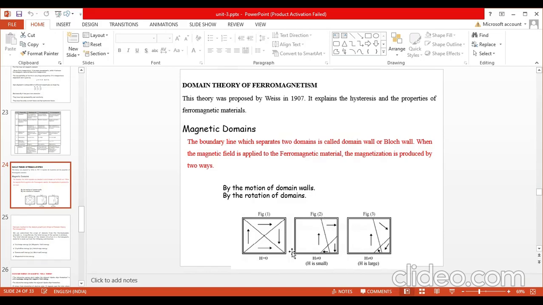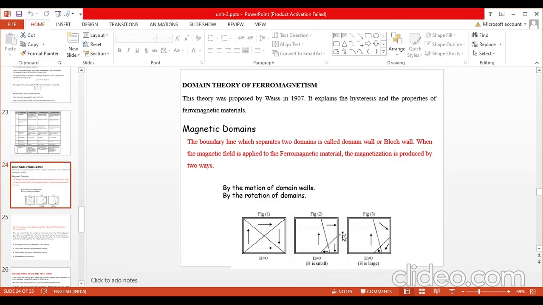In figure 2, when you are applying a small amount of magnetic field, the domain walls are slightly shifted towards the right direction. See here, the dotted lines move away from the original position towards the right hand side.